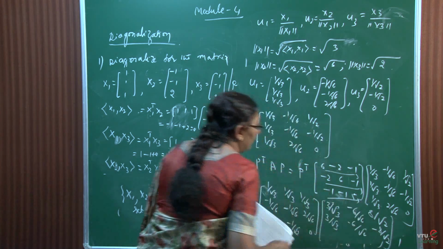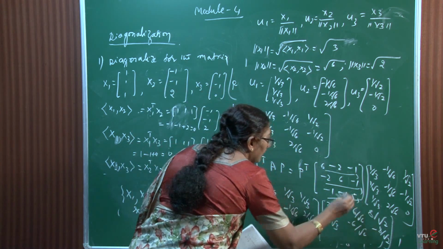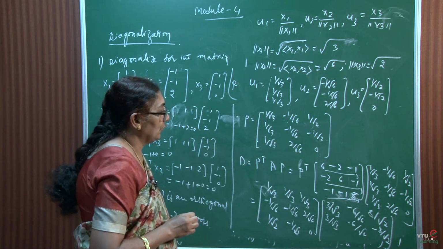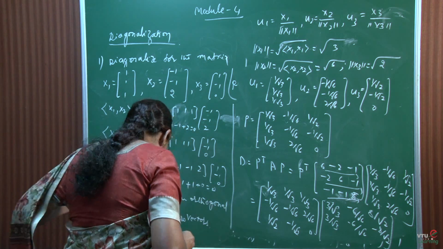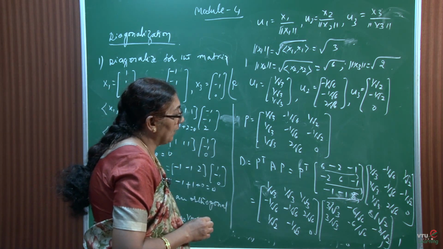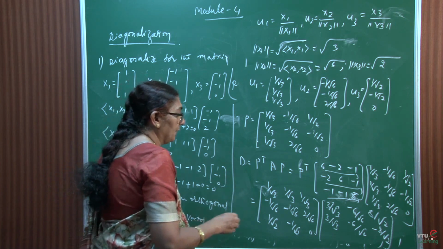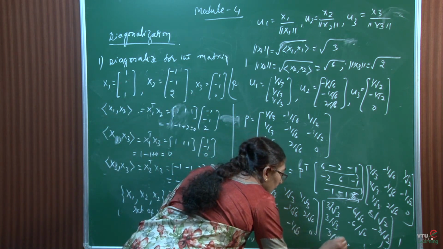Move to the last row. The last row with all the columns: minus 1 by root 3, minus 1 by root 3, we get minus 2 by root 3 plus 5, means 3 by root 3. Okay.